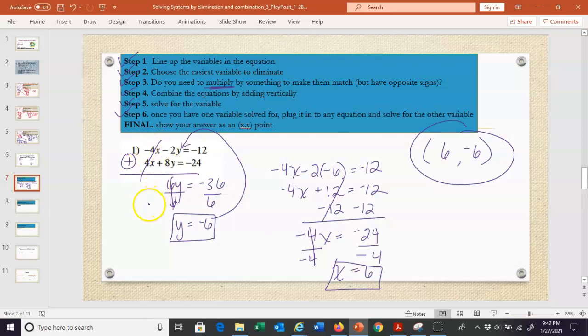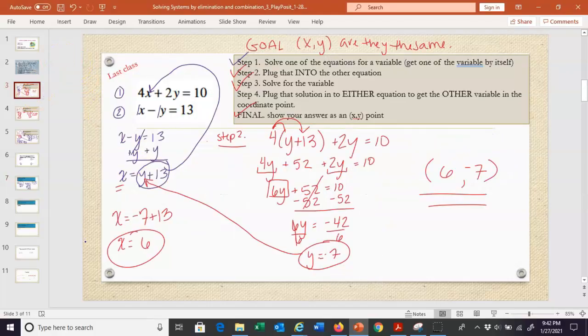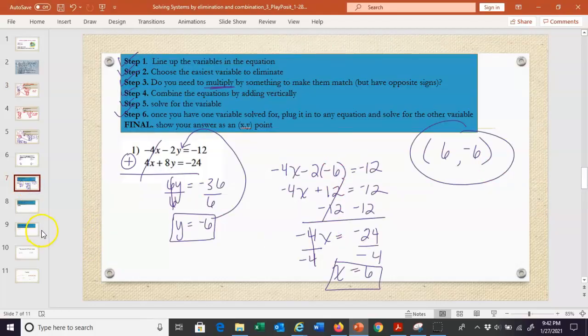Could you have used the substitution method on this problem? Totally. You could have picked one of these equations and done these steps. Solve one equation for the variable, plug it into the other, and all of that. Totally, 100%. We just have multiple methods to get to the same answer, which I love.